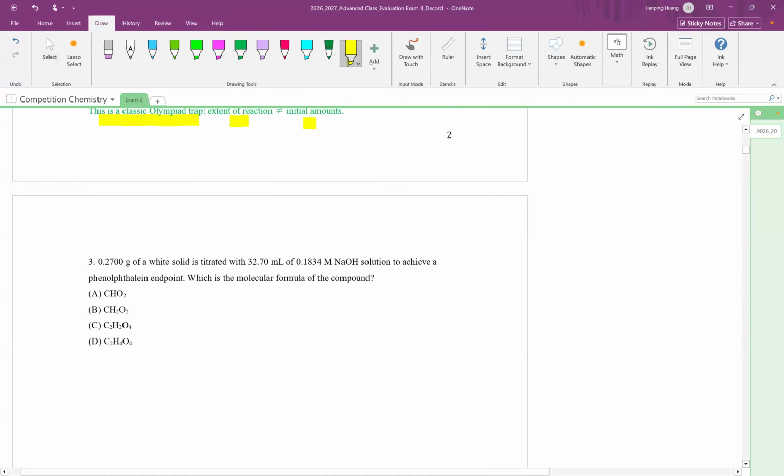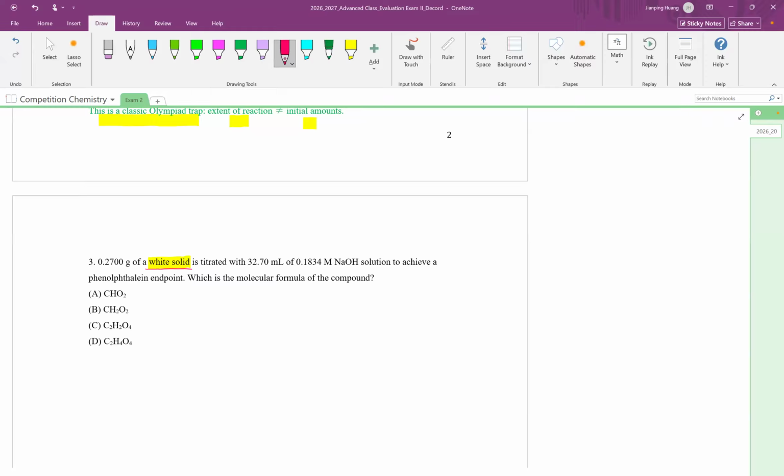Let's look at this. We have a white solid. Remember, it is a white solid. Why is this important? Sometimes you can ignore it, but it is information: it means a stronger intermolecular force.